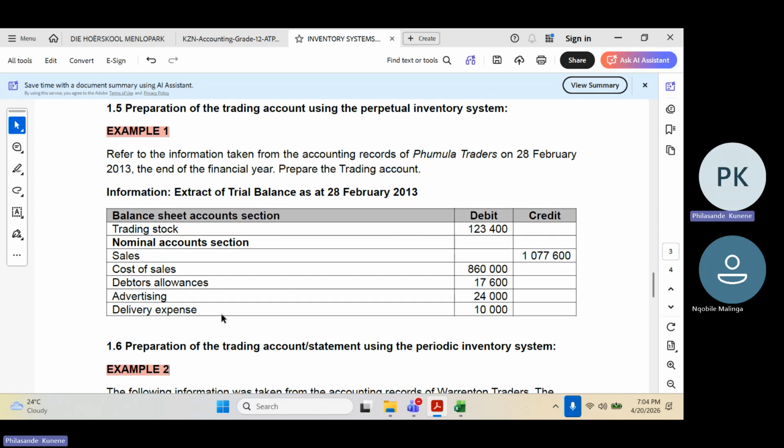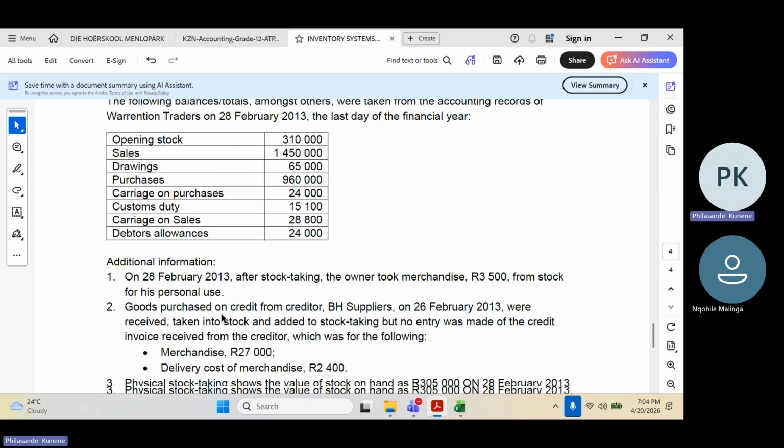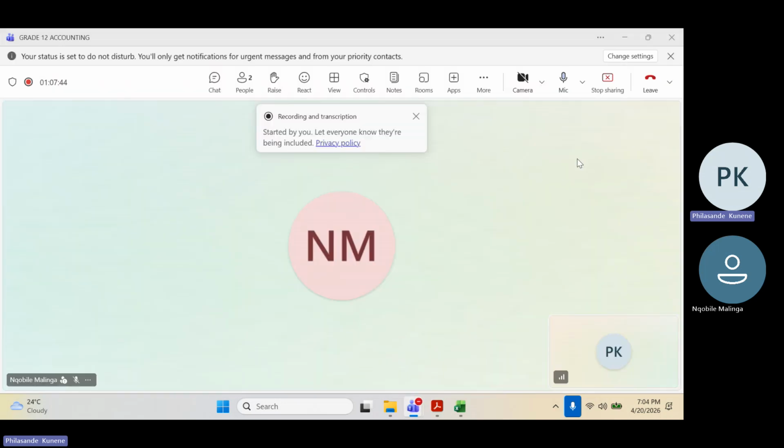Please look at them, and then we're going to do it together when we meet on Wednesday, and then we carry on with the inventory valuation. That's where we're going to be looking at the FIFO method, the specific identification method, and the weighted average method.